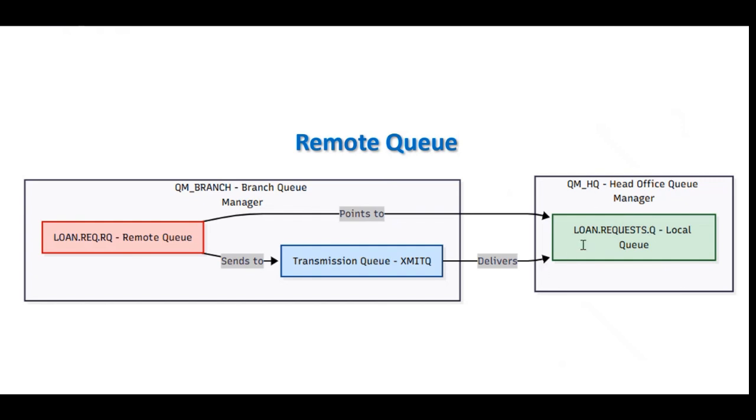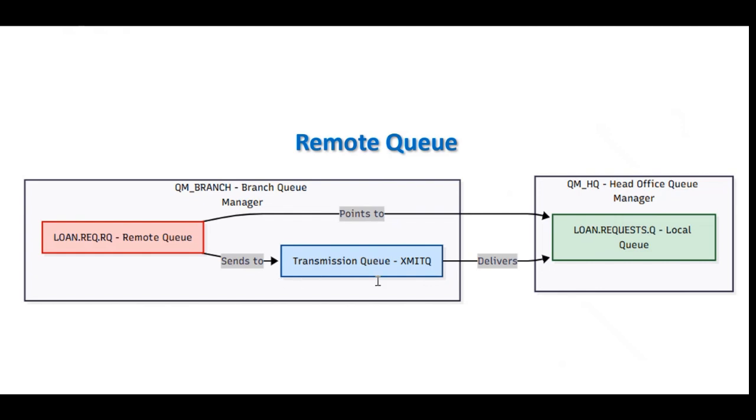As we know, remote queue does not store any messages like a local queue. A remote queue immediately routes the messages to a transmission queue as soon as the application puts the messages, sends the messages to the queue manager.